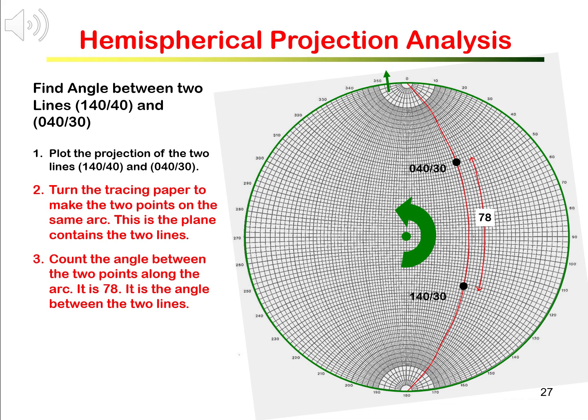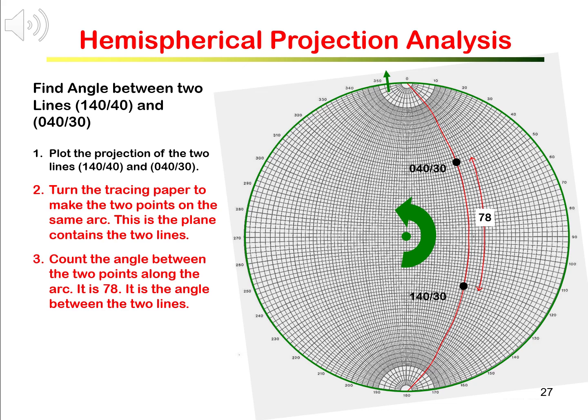This arc is in fact representing the plane formed by the two lines, or the plane containing the two lines. Step 3 is to count the angle between the 2 points along the arc. You will get 78 degrees. This is the angle between the two lines.